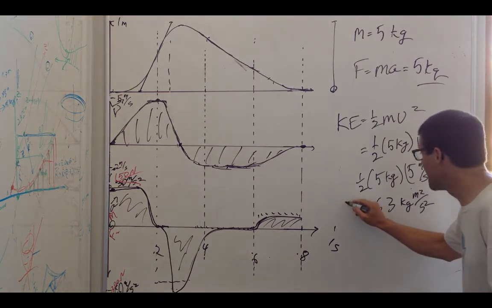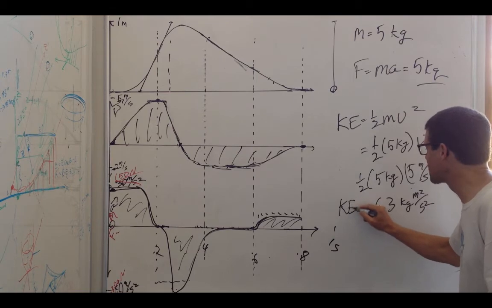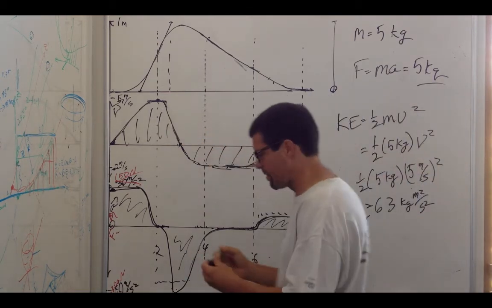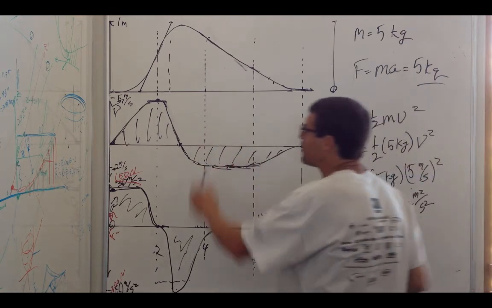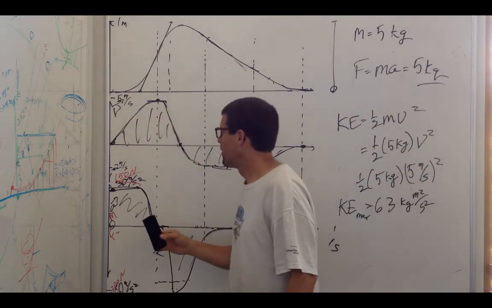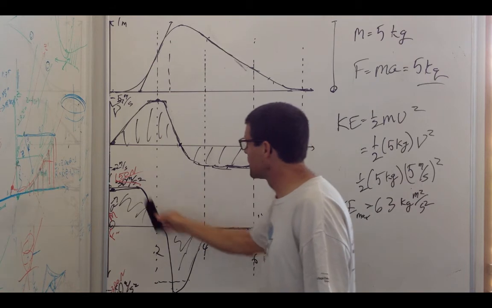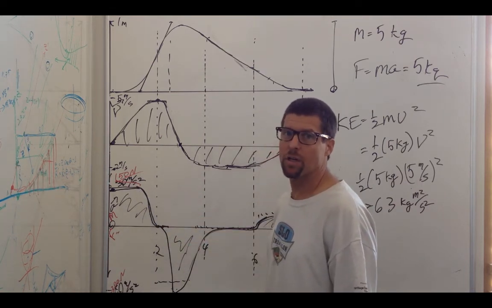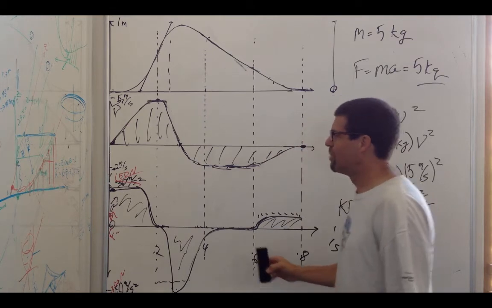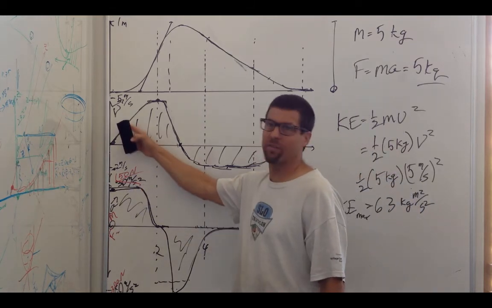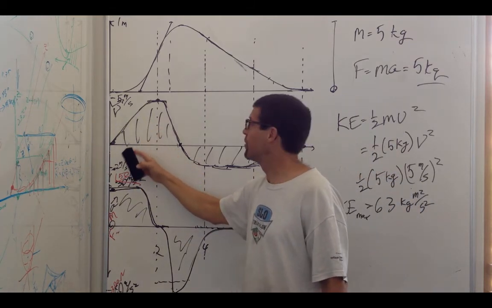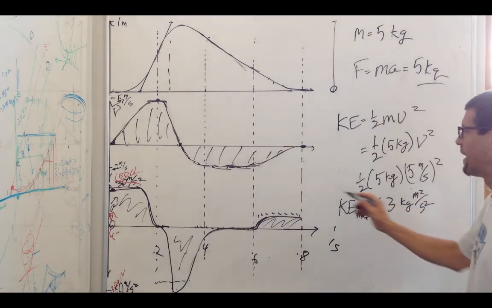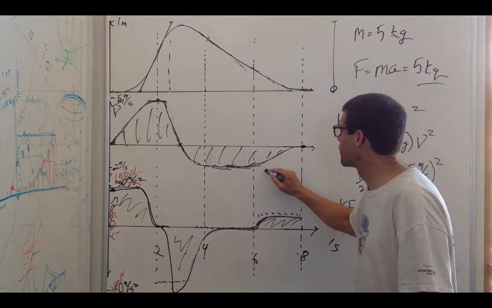And so this would be my kinetic energy, my maximum kinetic energy, when I'm at this maximum speed. So can we change this graph to kinetic energy as easily as we changed the acceleration to force? And the answer is no, because there's not a linear relationship between velocity and kinetic energy. It's a quadratic relationship.